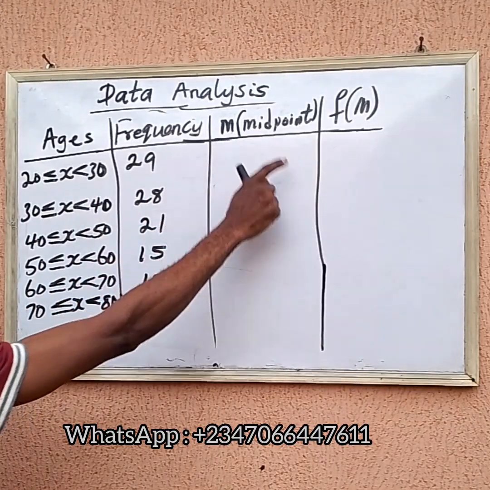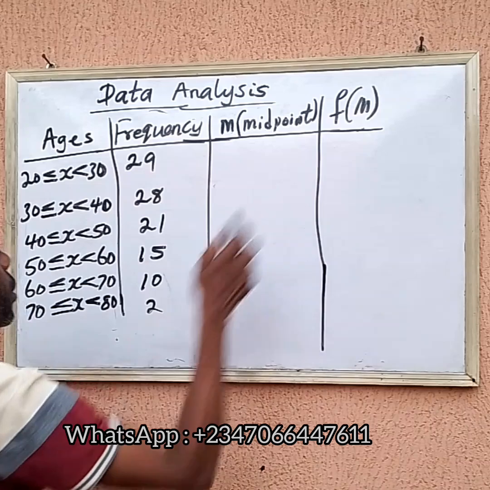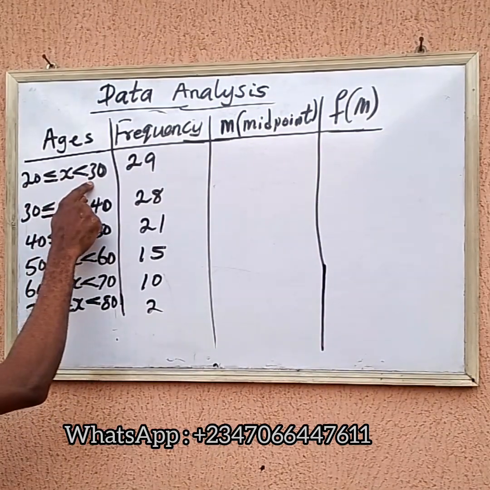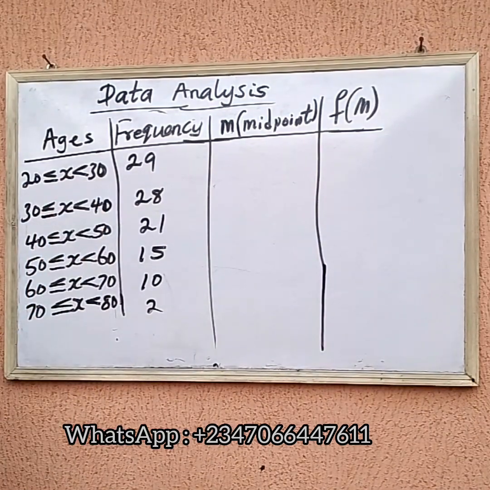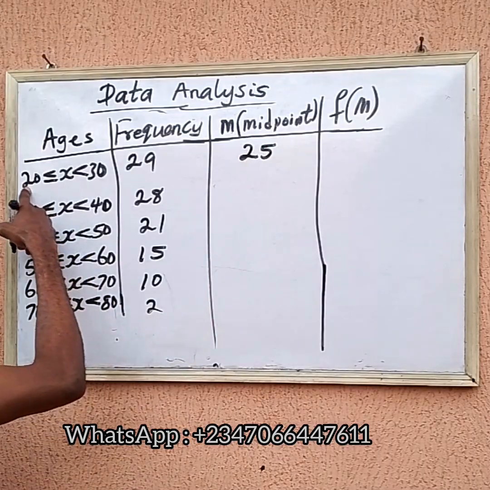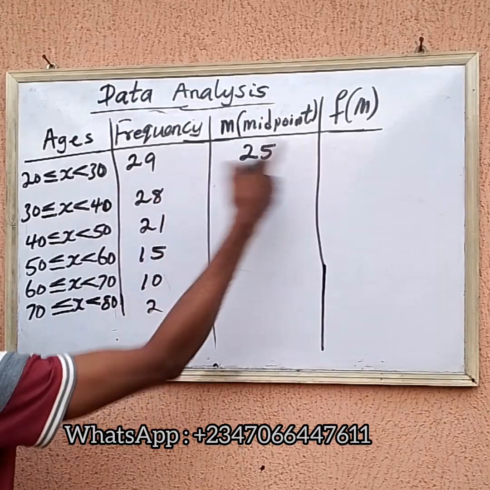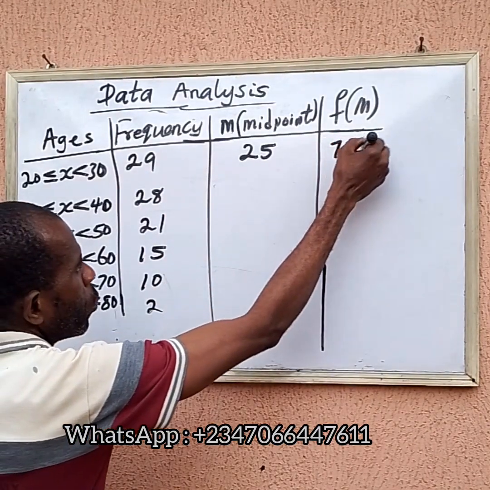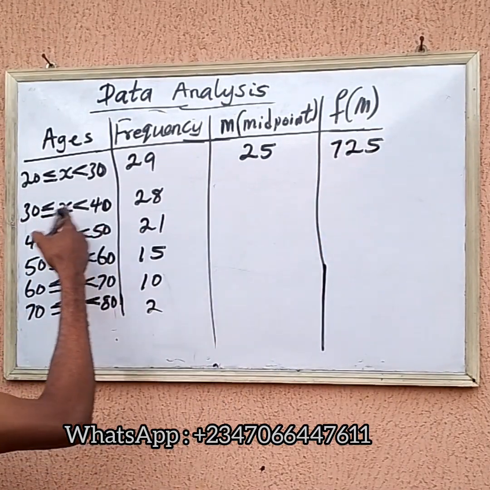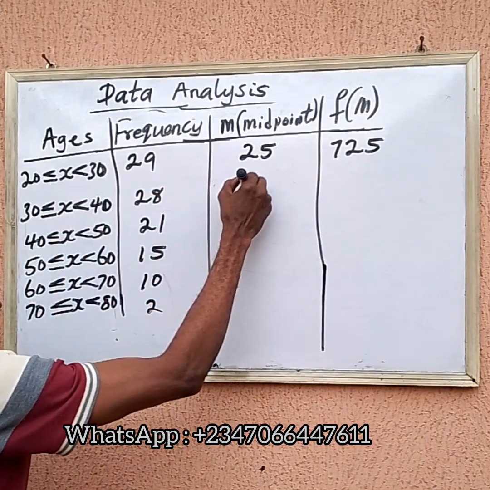Now what we do is calculate the midpoint of each class, then multiply it by the frequency. At the end, we will sum everything and divide by the total frequency. For the first class, we add 20 plus 30, then divide by 2, which gives 25. Multiply by the frequency, 29, to give us 725.